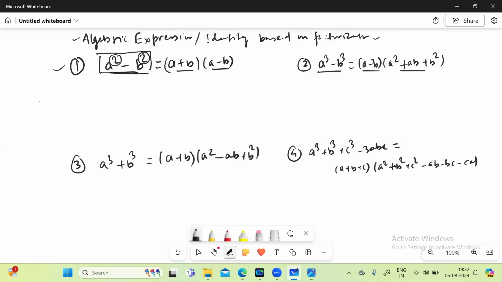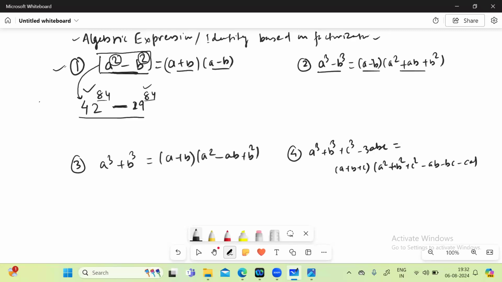If there is 42 to the power 84 minus 19 to the power 84, we are seeing equal and even power, and the sign is minus. So this type of expression matches with the first one.